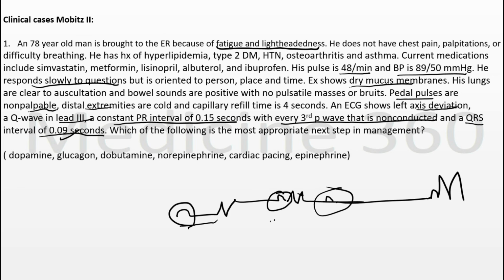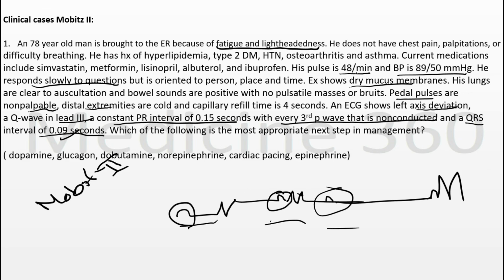All the PR intervals are constant and every third beat is non-conducting. It means that our diagnosis is Mobitz type 2 block, and also the patient is symptomatic and the heart rate is 48.